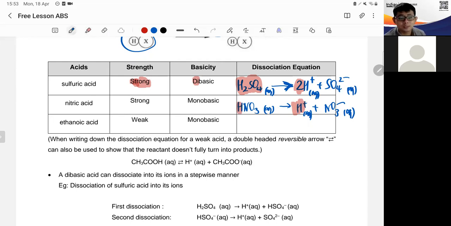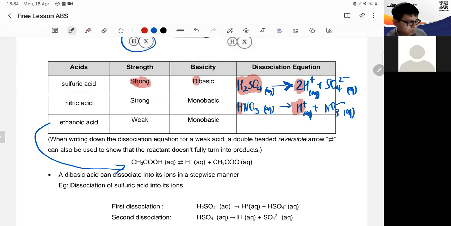Okay, ethanoic acid. Now this is the slightly trickier one, which you might not encounter in the syllabus. This is the dissociation equation for ethanoic acid. Don't be overly concerned about why it looks like that, because that will be explained in organic chem, which is a Sec 4 topic. Just appreciate two things.